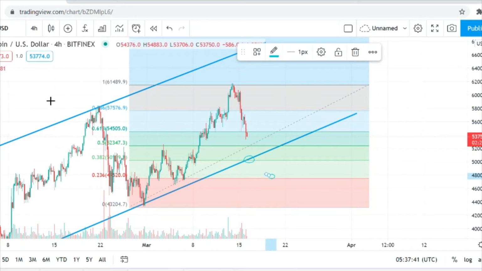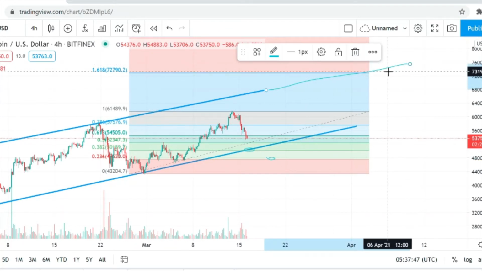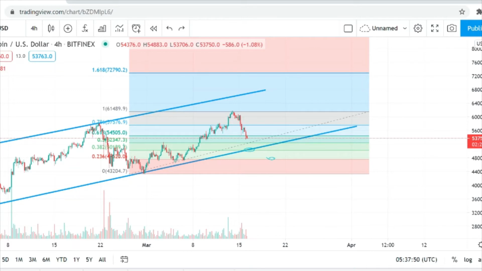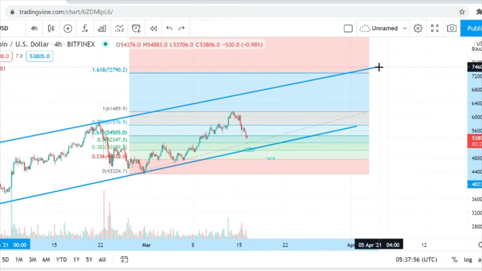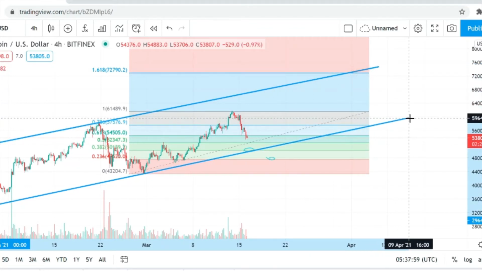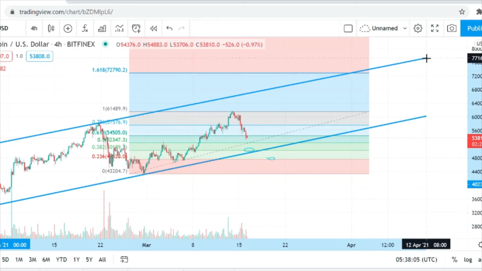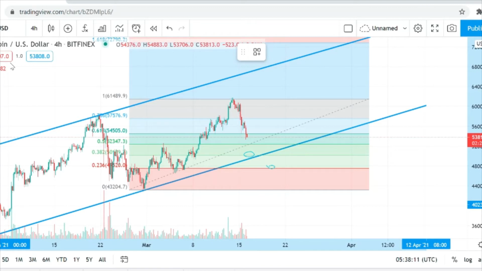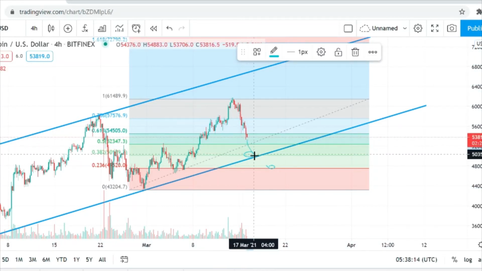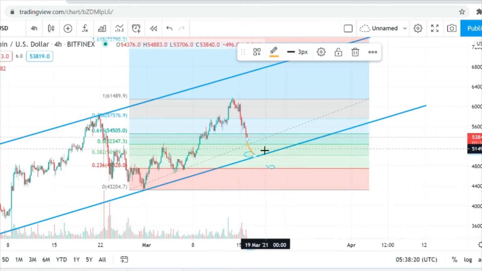If I project how the market may be going in the long run, the market can form a structure like this. Can form a structure like this.